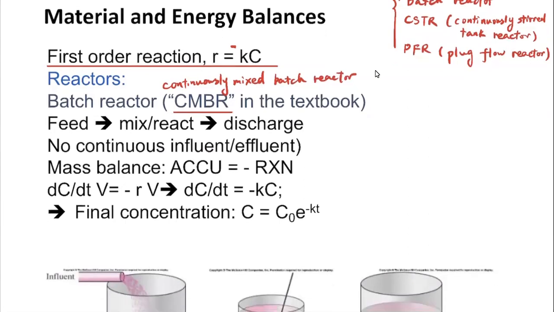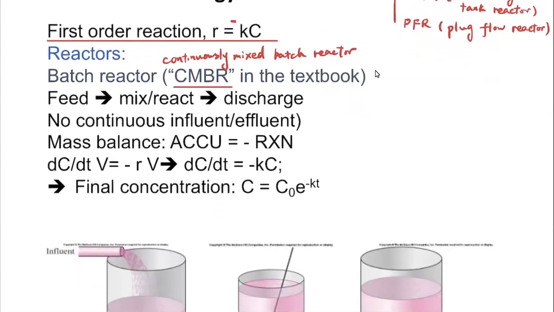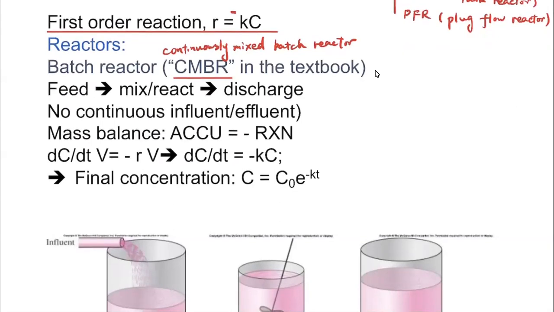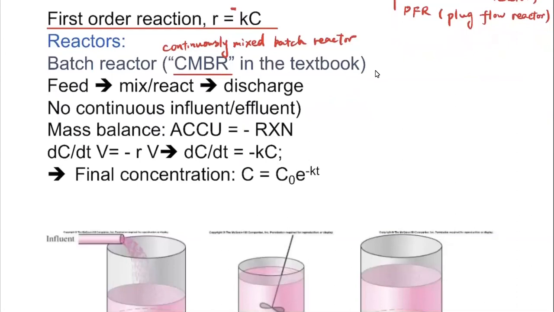So what this means is that for this batch reactor, there's basically a feed into the system at first, and then within the reactor, there's a mix and a reaction taking place. And after this reaction, it's being discharged.